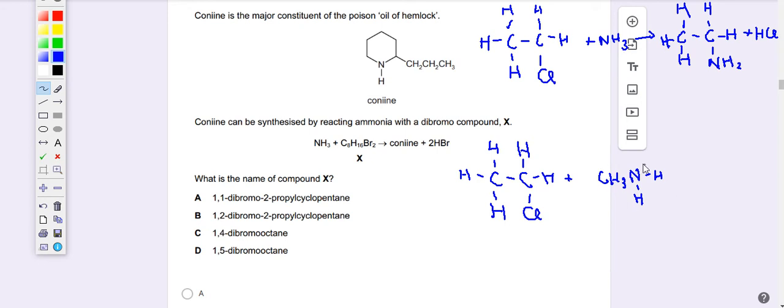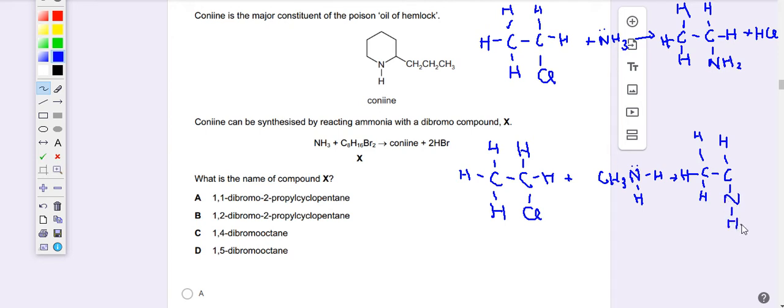Now this one can also be a nucleophile because of a lone pair on the nitrogen, just like the lone pair on the nitrogen in ammonia. So if this is the case, we will also get an amine. Now remember, the ammonia lost one H in this reaction, so this amine will also lose one H, and then the N is bonded to the carbon.